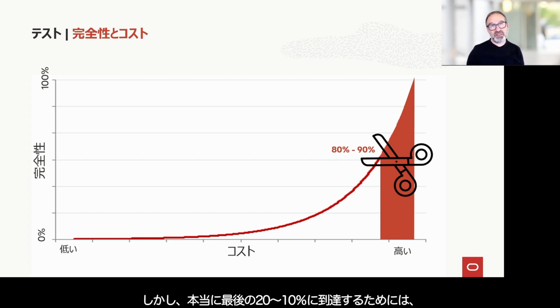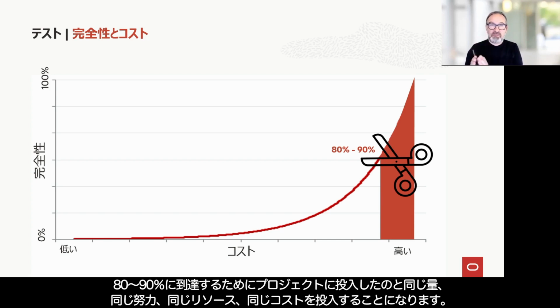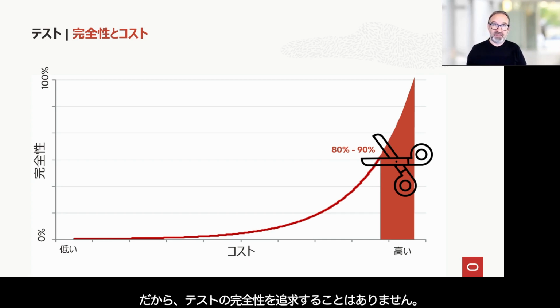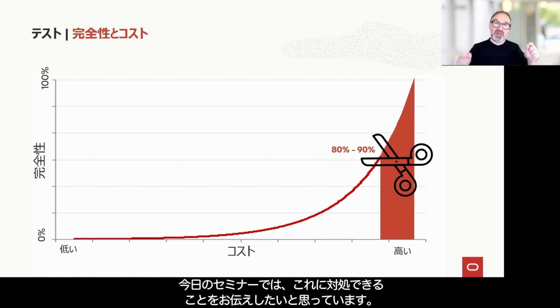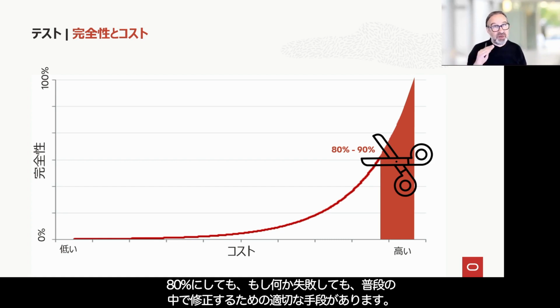But reaching really the final 20 or 10%, you will put in the same amount of effort, the same resources, the same costs as you already put into the project to reach 80 or 90%. So test completeness, I wouldn't go for that. There's always a little bit of risk involved. And today's seminar is really meant to show you that you can deal with this. We go to 80%, and still if something fails, we have the right things in place to fix that once we went live.